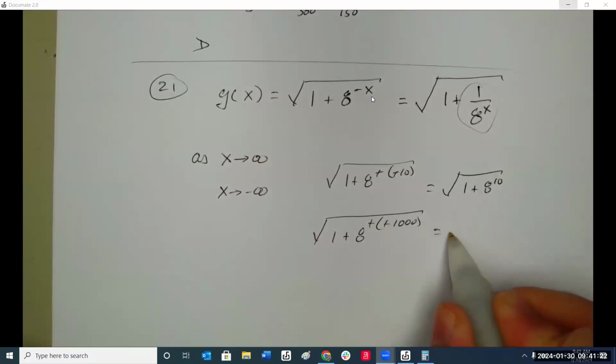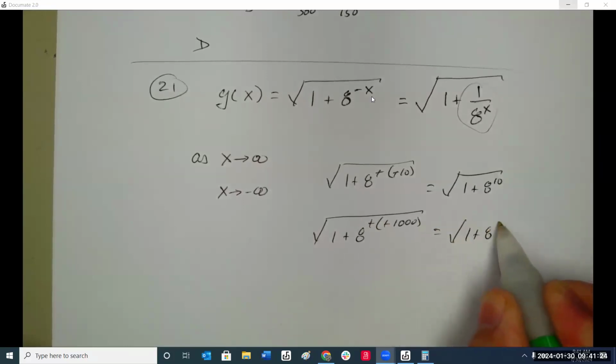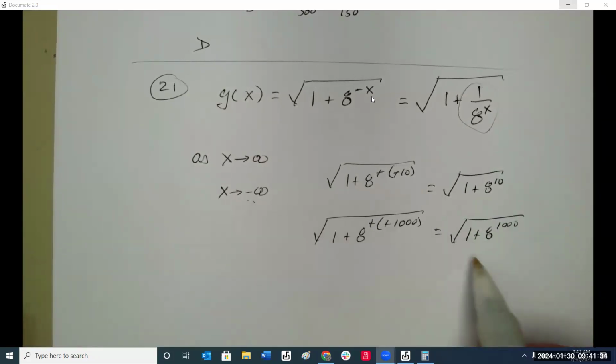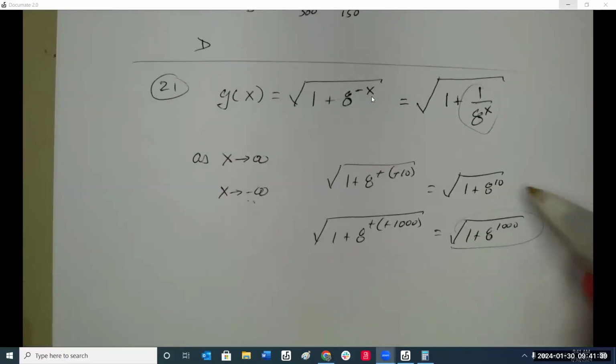Negatives cancel. So we have 1 plus 8 to the power 1000. It's even bigger. So where is it approaching? As x goes to negative infinity, where does this number go? Notice it's getting bigger and bigger and bigger. So the answer goes to infinity.